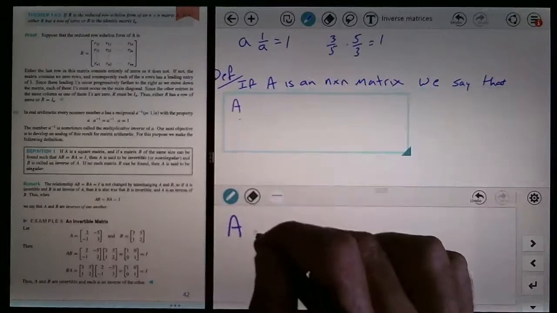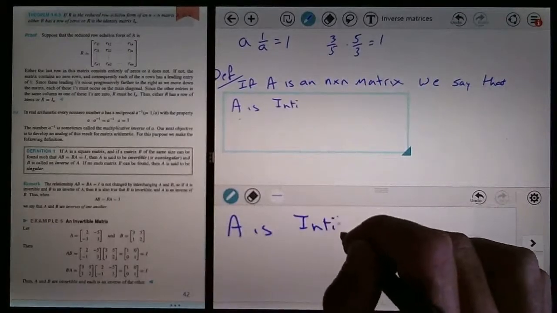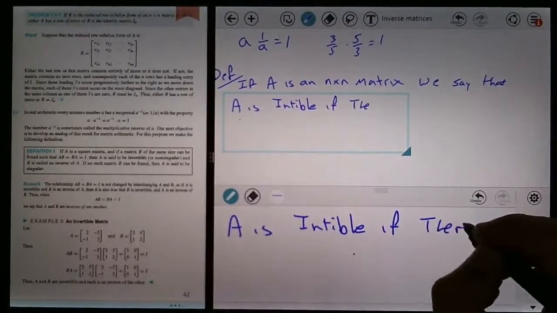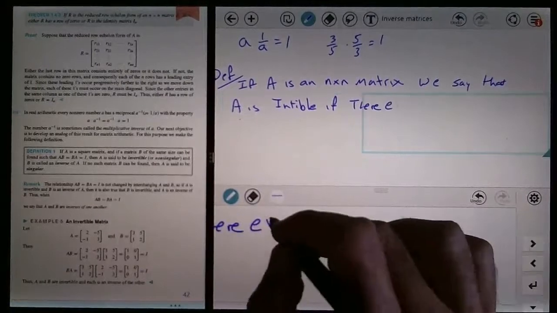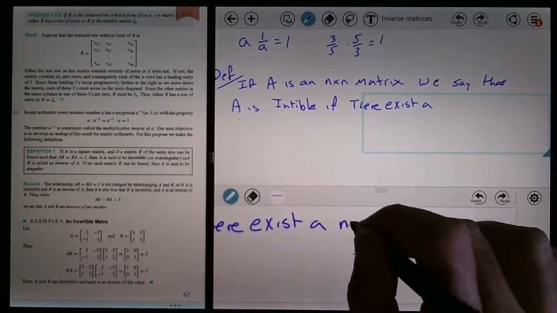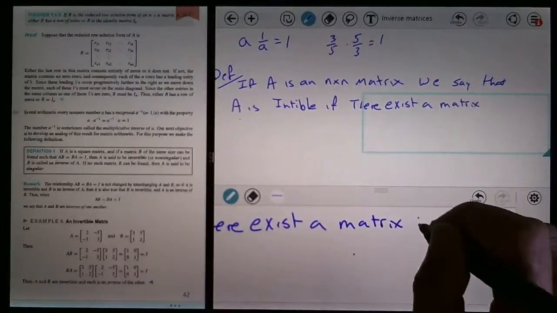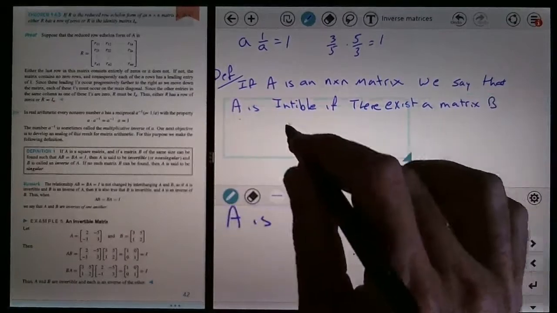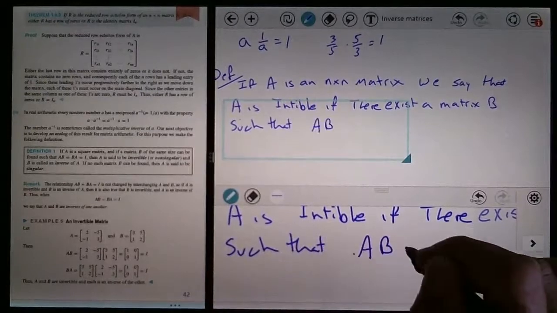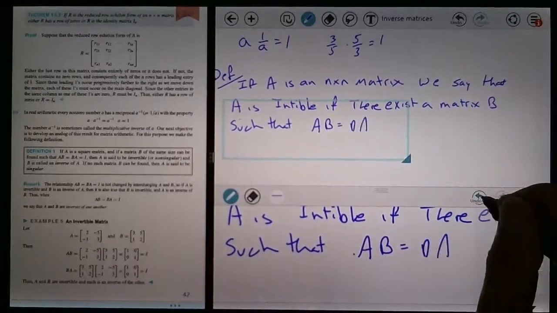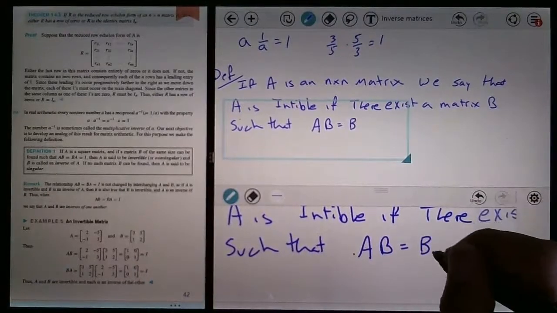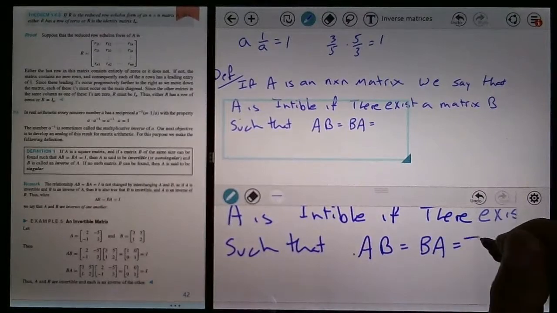A is invertible if there exists a matrix B such that A times B equals B times A equals an identity matrix.